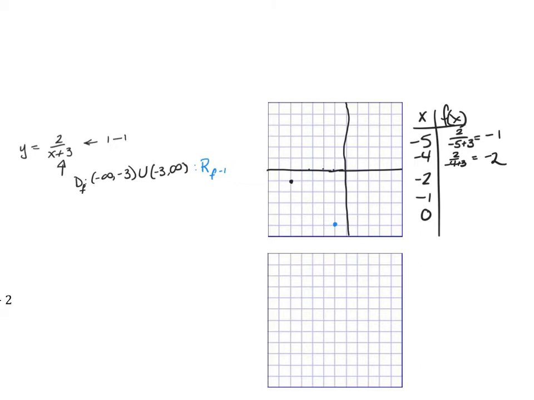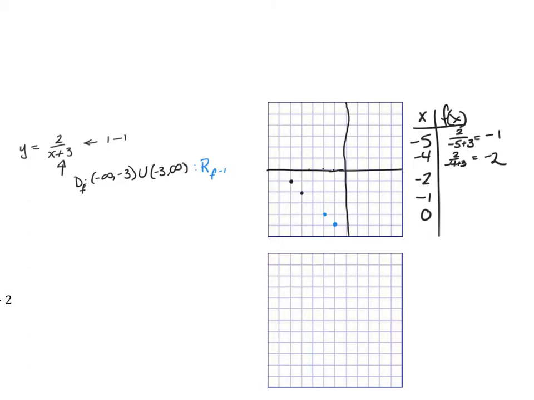So I have -4, -2. That means my inverse function should have -2, -4. So as I find my function here, I can plot my inverse function points at the same time.